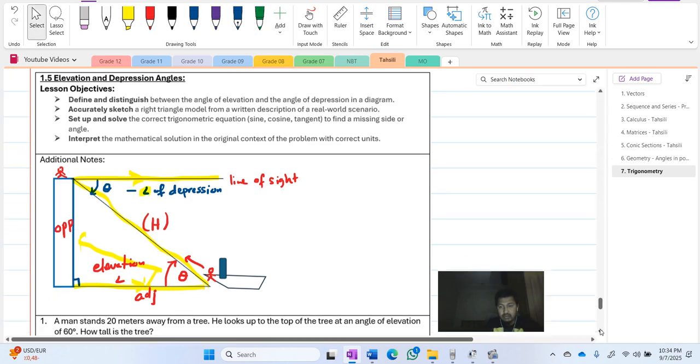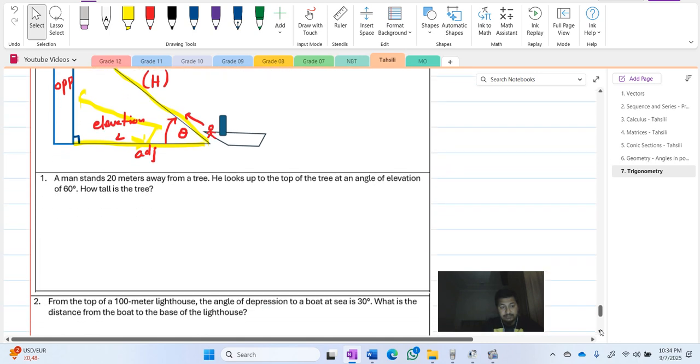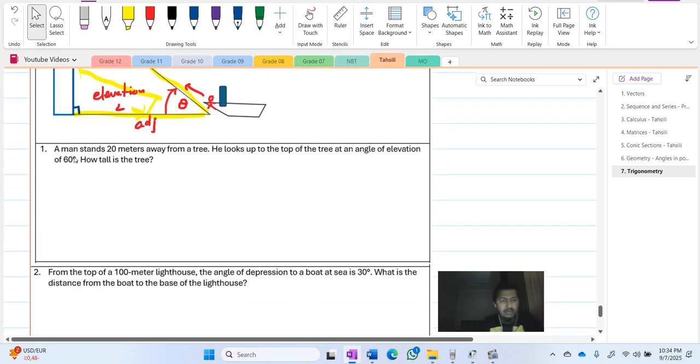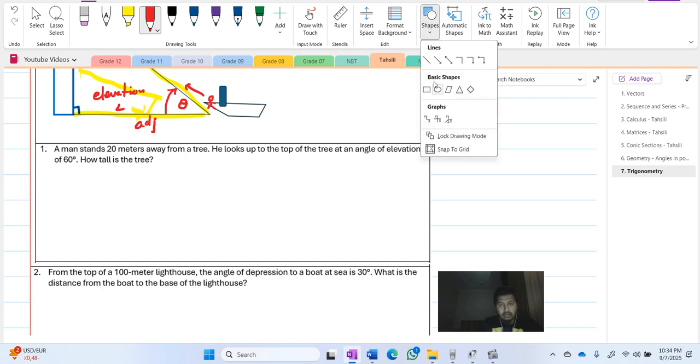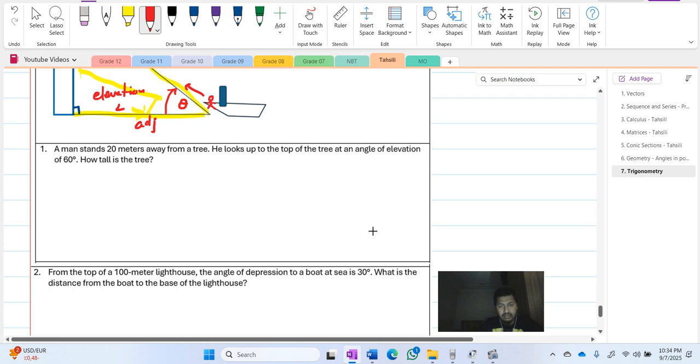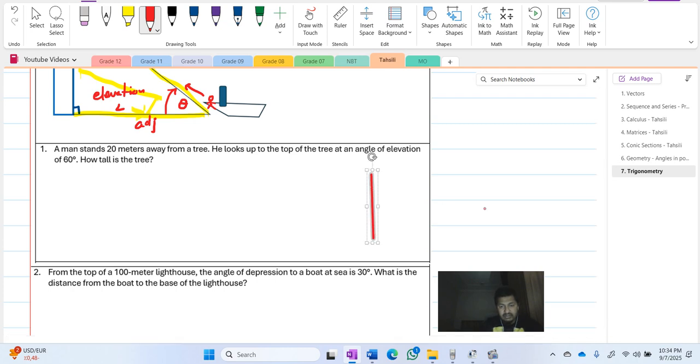Now let us look at some examples. It's nice to draw a diagram because these are story sums. A man stands 20 meters away from a tree. So assuming that this is a tree here, and the man is standing here 20 meters away from the tree.